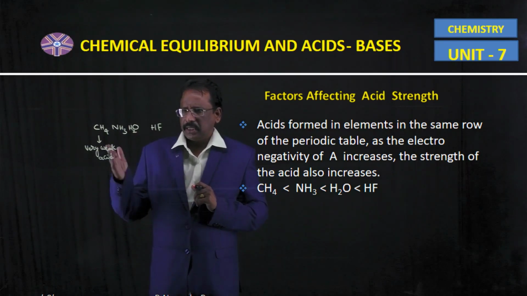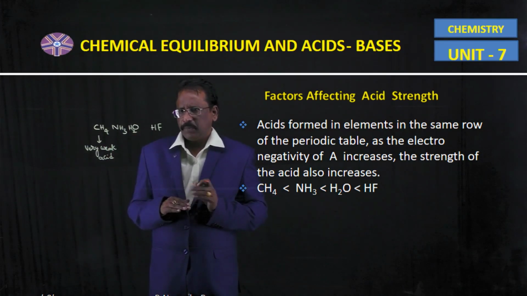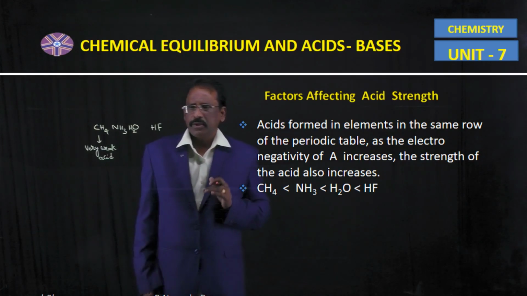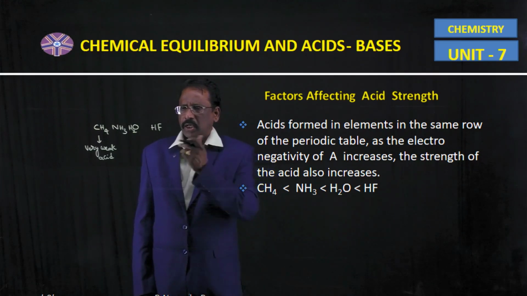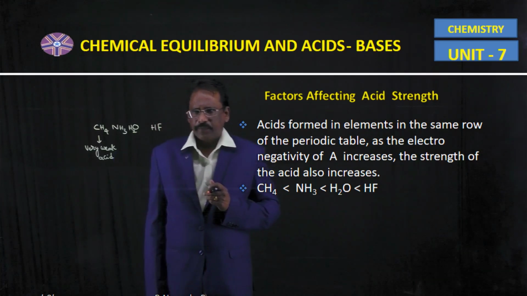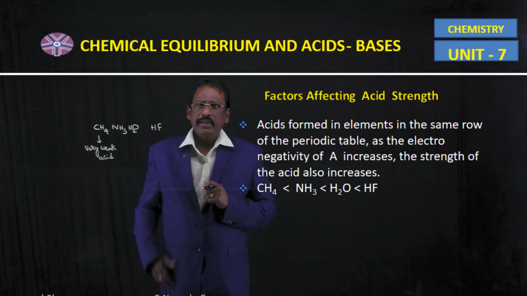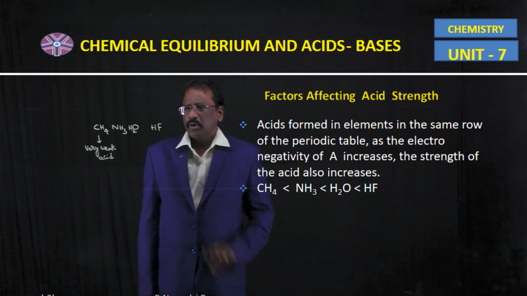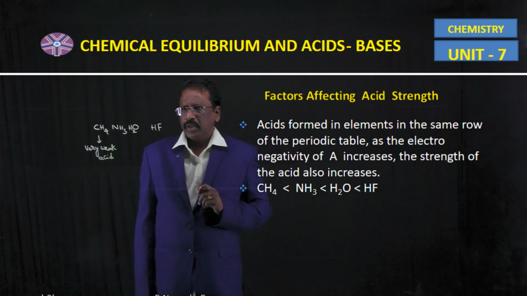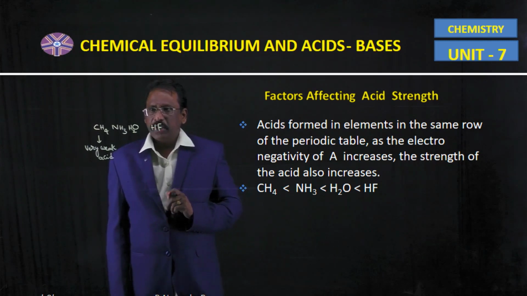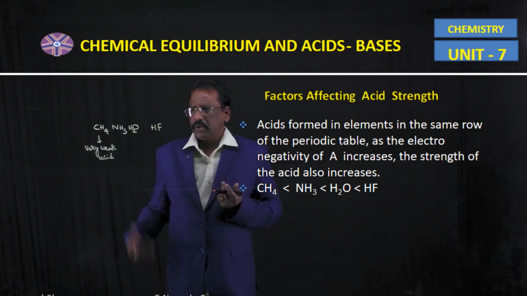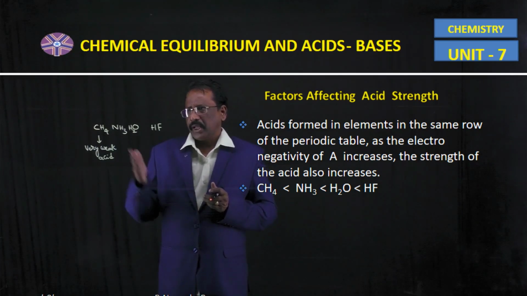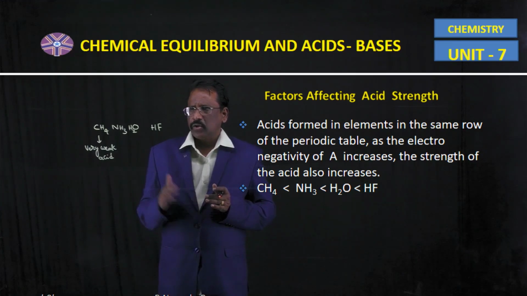That means here the dissociation of the acid depends upon the polarity of the bond. HF is more polar when compared to H2O because according to the Pauling scale of electronegativity, the EN value of fluorine is 4.0, the EN value of oxygen is 3.5, the electronegativity value of nitrogen is 3.0 and the electronegativity value of carbon is 2.4.